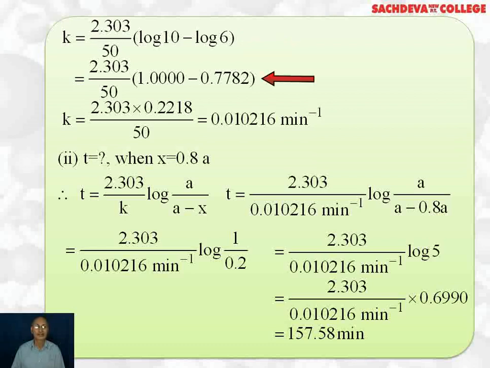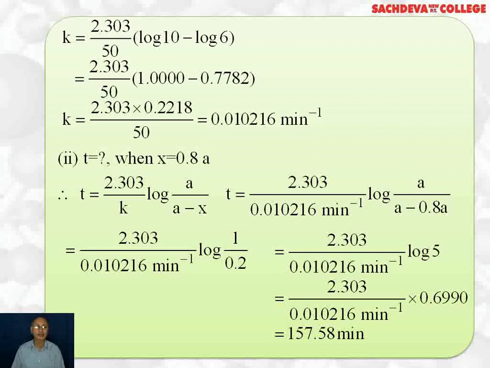Log 10 is 1. Log 6 you have to see under 60. It will be 0.7782. And by subtracting you will get 0.2218. So 2.303 into 0.2218 divided by 50 will come out to be 0.010216 per minute. So that is the detailed calculation.